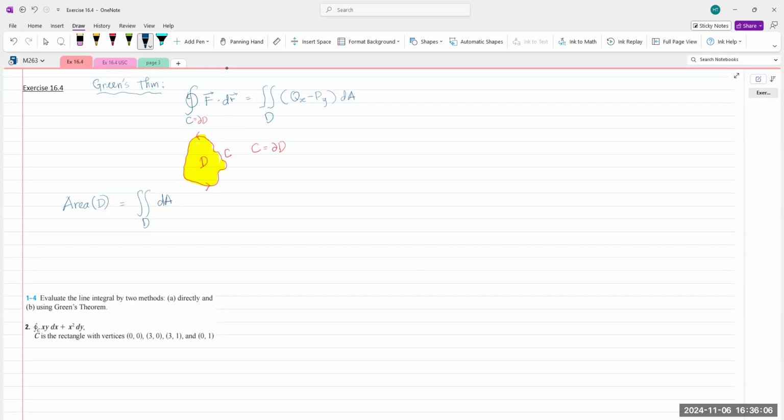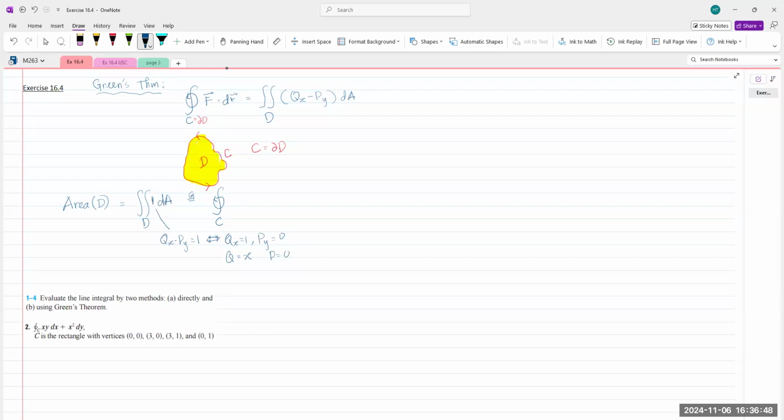If we apply Green's theorem, that can be seen as an integral over the closed curve C. You go backward, but you set Q sub x minus P sub y equal to 1. We can say Q sub x equals 1 and P sub y equals 0. That means Q is x and P is 0.